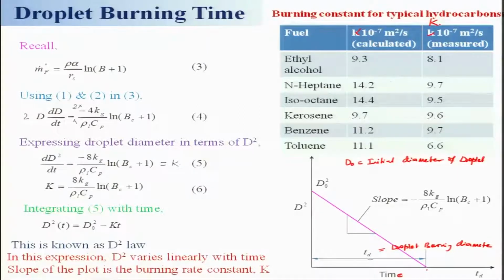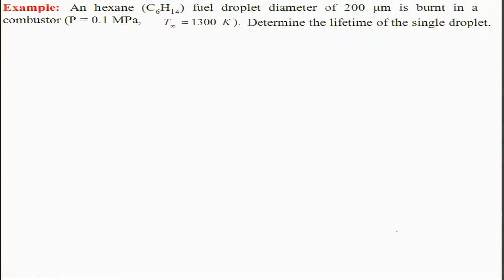You can have some experimental data, people generally put some data here and try to match this. These are experimental data, they need not be exact, there will be some scatter, and then you say, okay, this is the one which is matching. That is the way it is done. So, we will take an example of how to evaluate this.